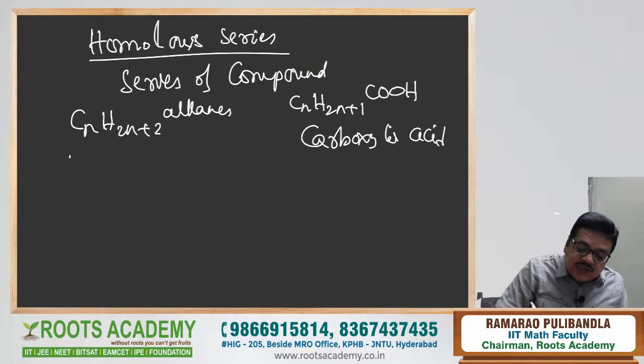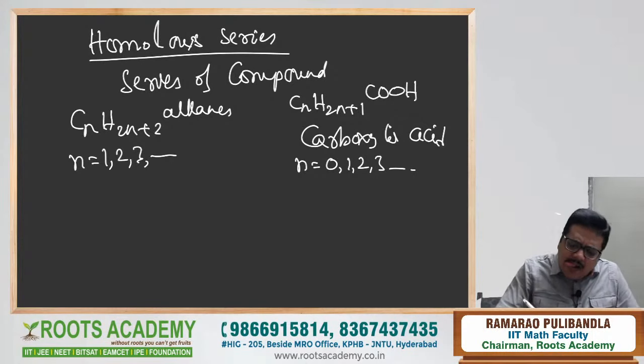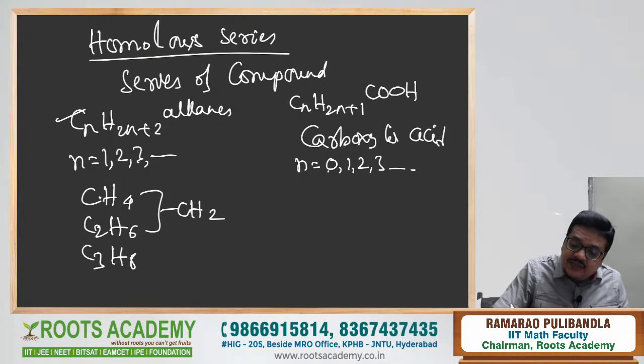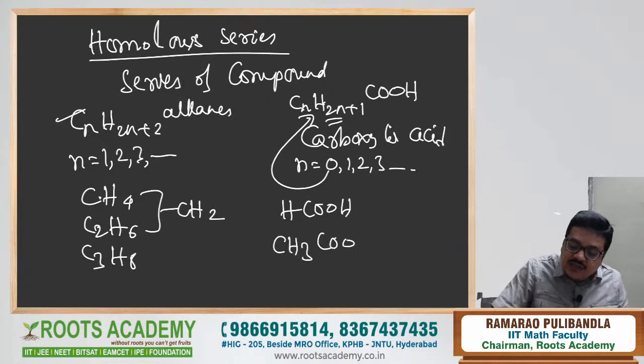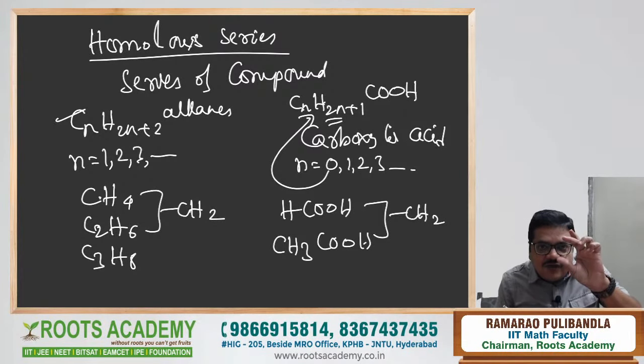In this case, N will start from 1, 2, 3. Here N will start from 0, 1, 2, 3, so on. If you write alkane, first you write CH4, C2H6, C3H8, like that. These two differ by CH2. And if you write N is equal to 0, you get HCOOH and CH3COOH. These two differ by CH2. So such kind of arrangement are called homologous series.